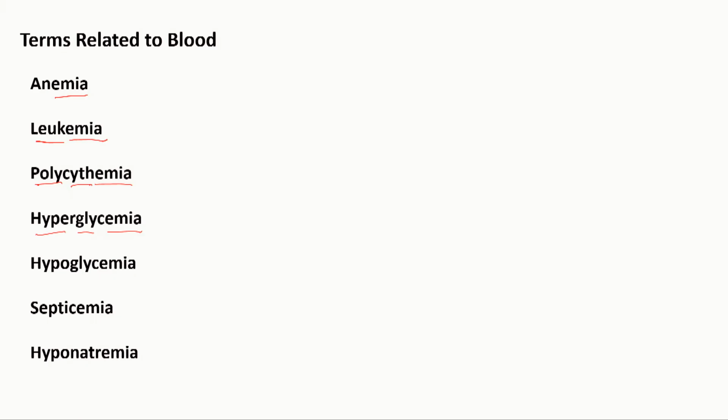So hyperglycemia, and then again there is hypoglycemia. So emia is again blood, hypo means less, and glucose concentration is what is defined by this term. So hyperglycemia is more and hypo means less glucose in the blood circulation.